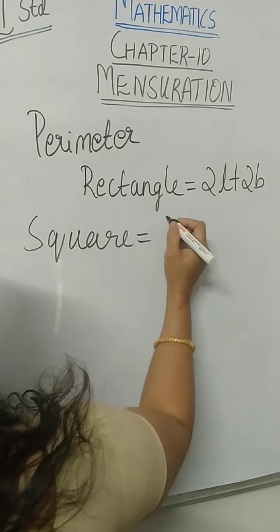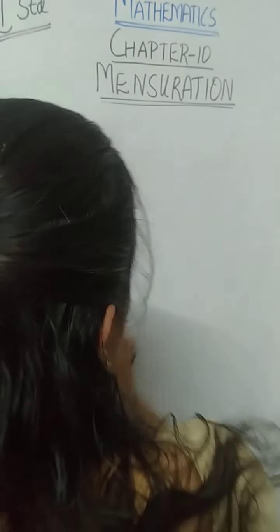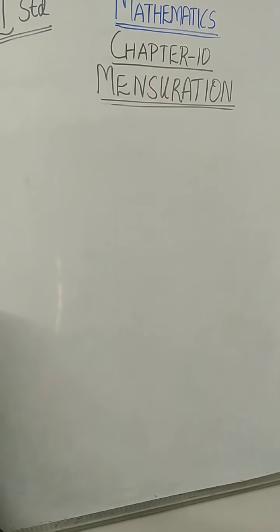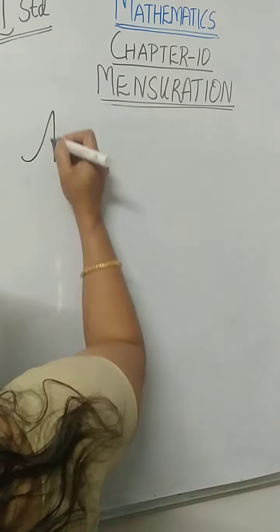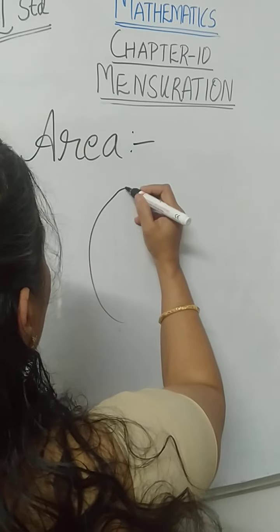Now let us continue with the next part, that is the area. Do you know what you mean by area? Area is nothing but the amount of surface enclosed by a closed figure. Look here, area. Now, suppose you think there is a circle here.